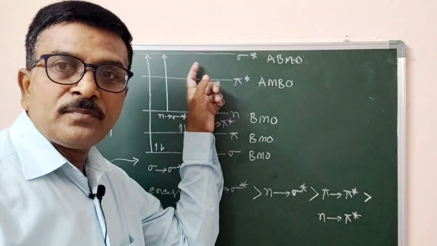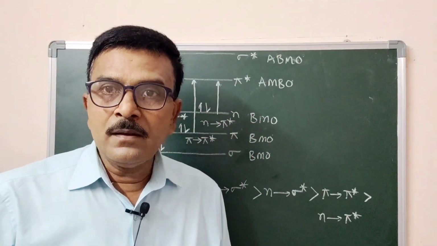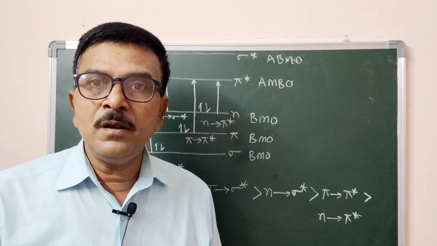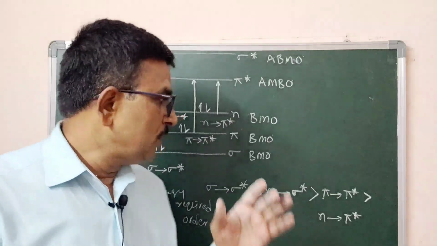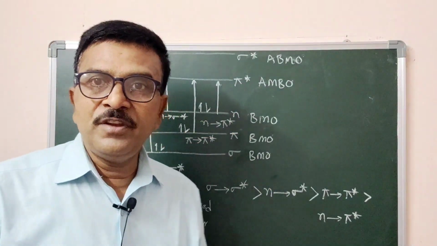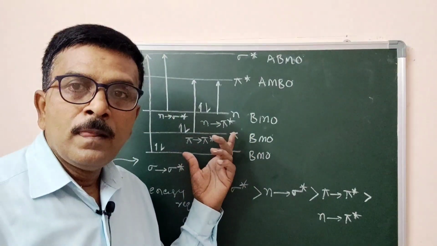Now here, after absorption of UV light by the sample, various transitions become possible according to selection rules. So these are the 4 types of possible transitions we have shown in the diagram.